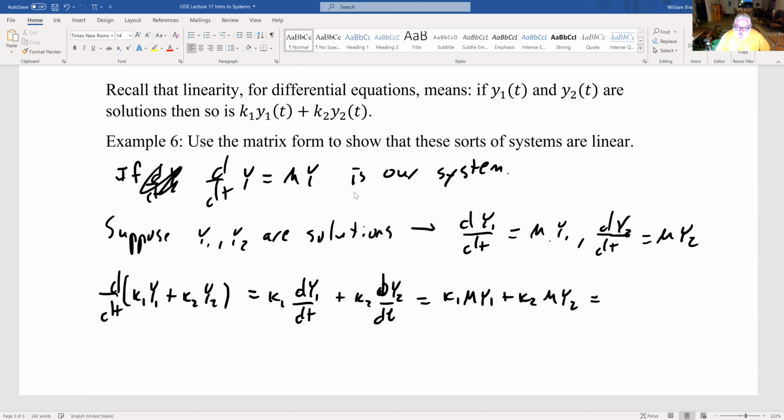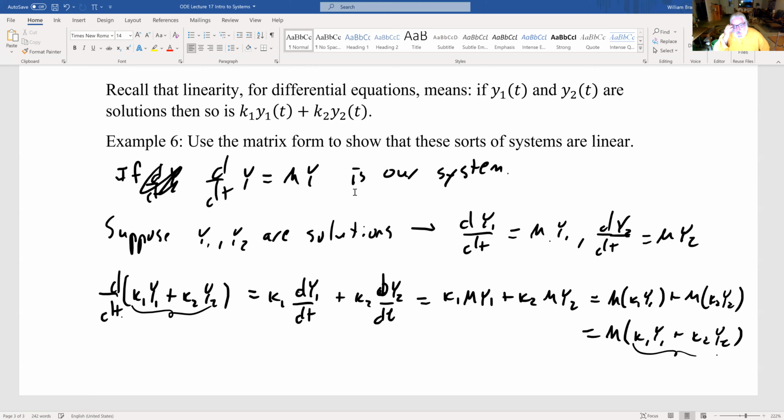And so that means we get M times k1 y1 plus M times k2 y2, because we can move scalars in and out of matrix and vector multiplication. And that's M times k1 y1 plus k2 y2. So the derivative of this thing is equal to the matrix times the same thing, so k1 y1 plus k2 y2 is a solution. In terms of span, that means if I have two solutions, y1 and y2, then the span of the two solutions, all linear combinations of them, that whole thing is a solution space. They're all solutions.